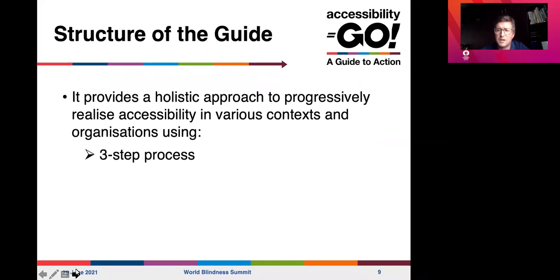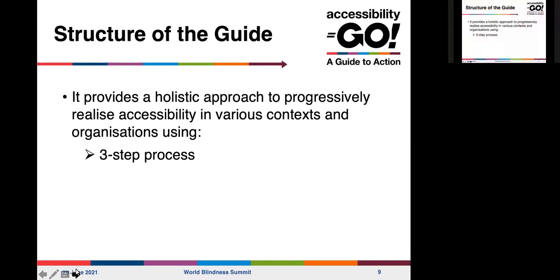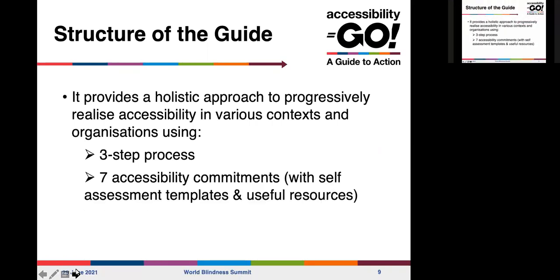What's interesting to see in the guide is that there is a component around how you implement progressively, and it's really looking at what process we should be following. For that, there is a 3-step process that I will explain a little bit later on. That process, engaging step by step in the realization of accessibility, allows organizations to improve, and the journey should have a destination.